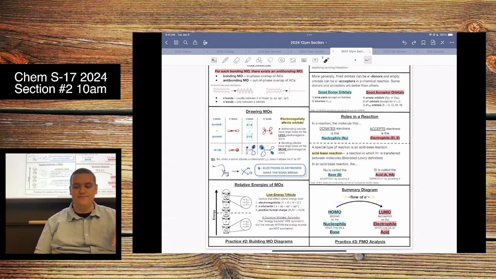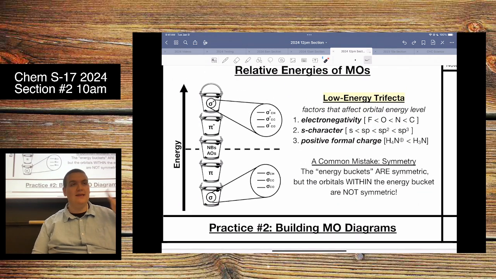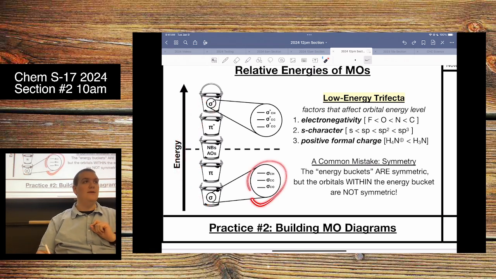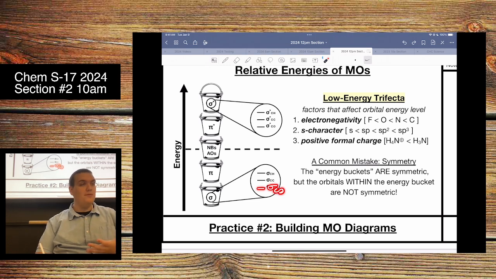Last thing, a common mistake is symmetry. So these buckets, like sigma lowest, sigma star highest, that's symmetric, but inside the buckets is not symmetric. So here, the sigma CO is our lowest energy molecular orbital in our diagram, but sigma star CO is not our highest energy one.